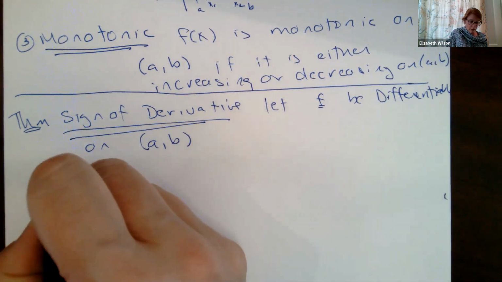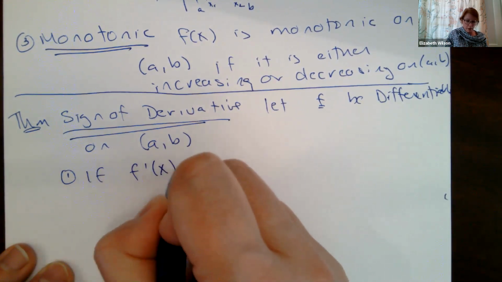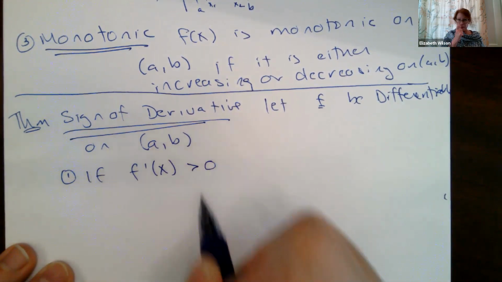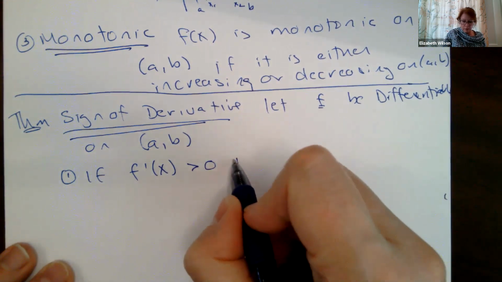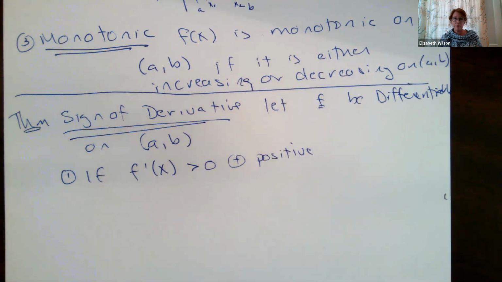Okay, so the first thing I'm going to say is if my first derivative of my function is greater than 0, which means it's positive, right? My first derivative tells me the slope of my tangent line. That tells me the rate of change of my function.